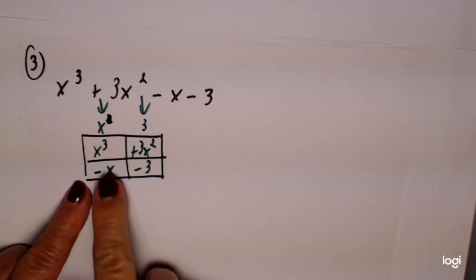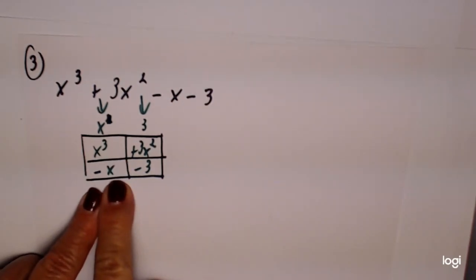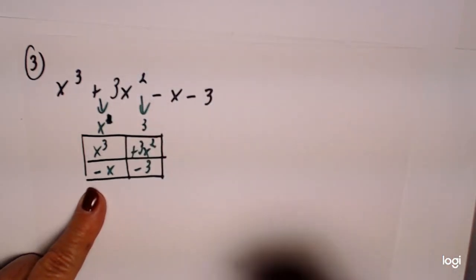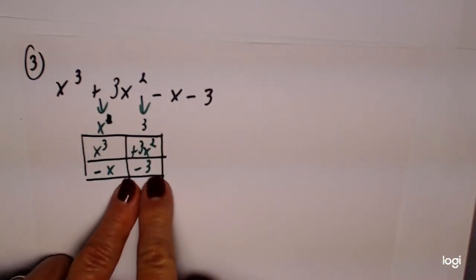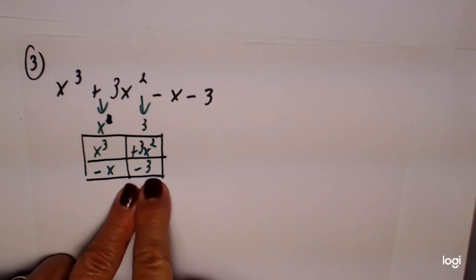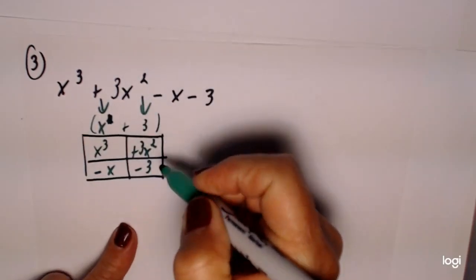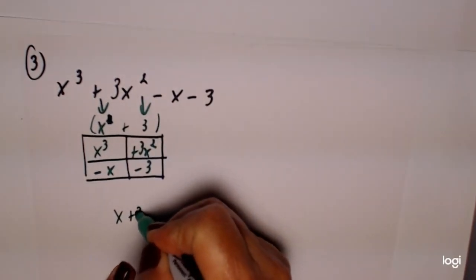My bad, my mistake. X cubed and x, greatest common factor is just x, not x squared. Here, 3x squared and negative 3, the greatest common factor is 3. So at least I got that one right. So here we have x plus 3.